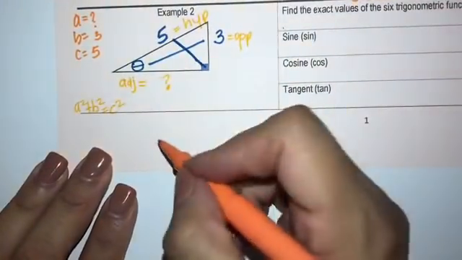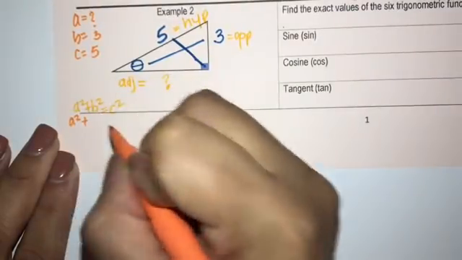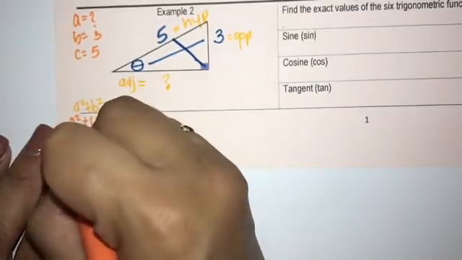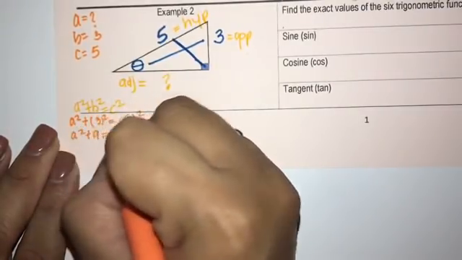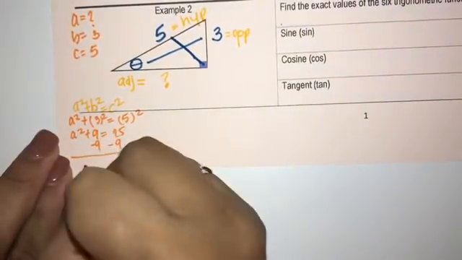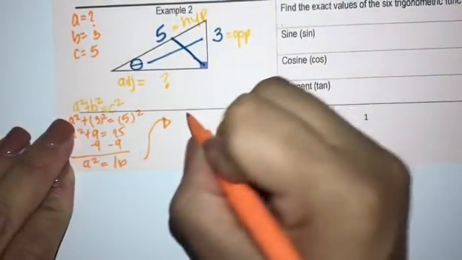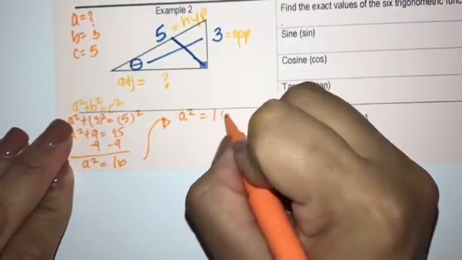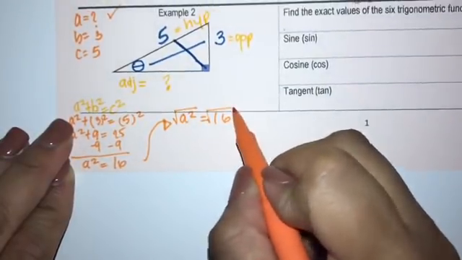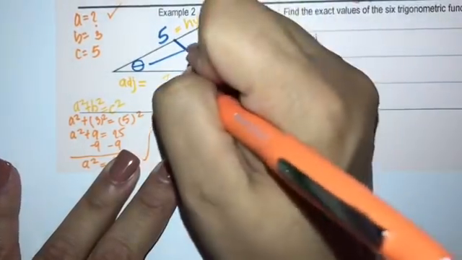So when we substitute, we can say A squared plus 3 squared equals 5 squared. A squared plus 9 equals 25. You're going to subtract 9 from both sides. A squared equals 16. I just want A, so we're going to take the square root of both sides and say A equals 4.